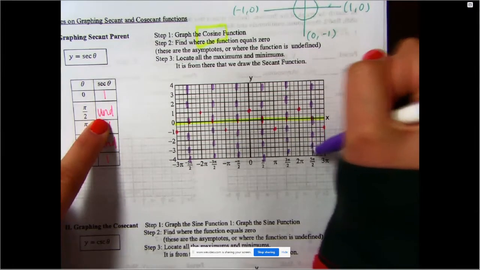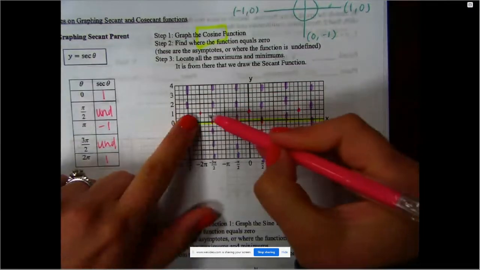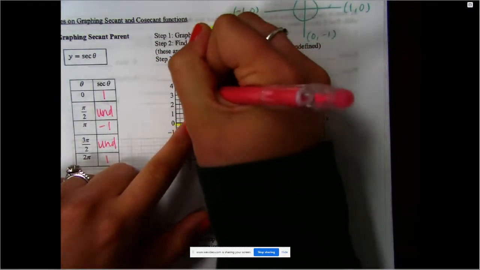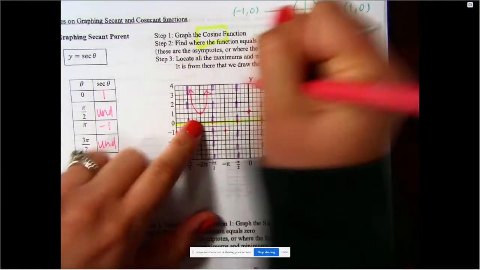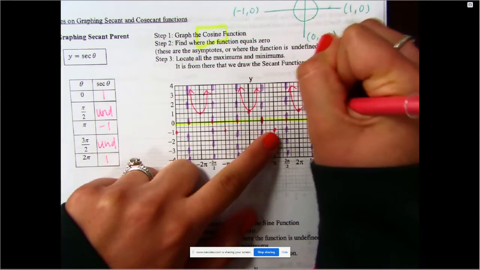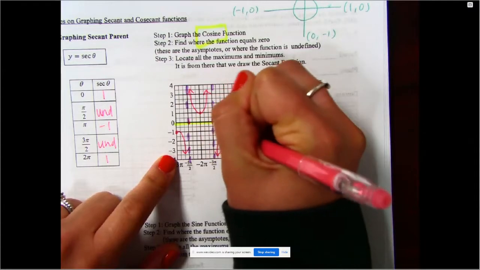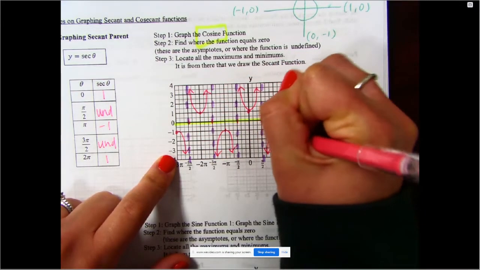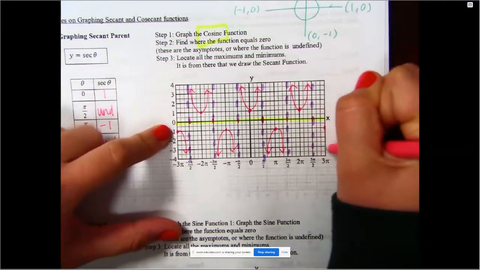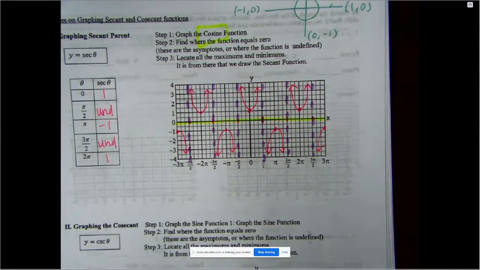And then like I showed you earlier, we're going to plot those little parabolas. So on these maximums, our parabolas are facing upward. And here they're going down. So now technically these are minimums and these are maximums. And that's secant.